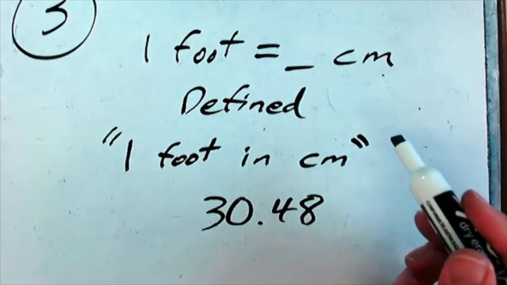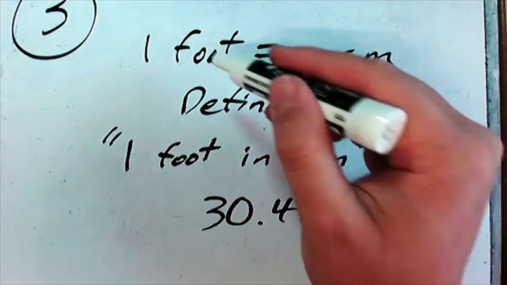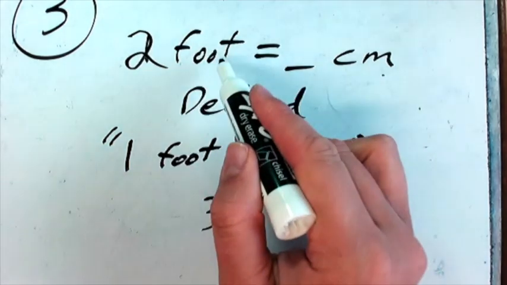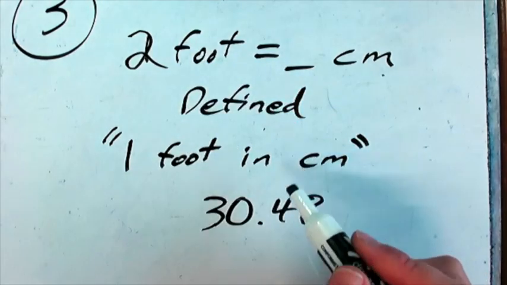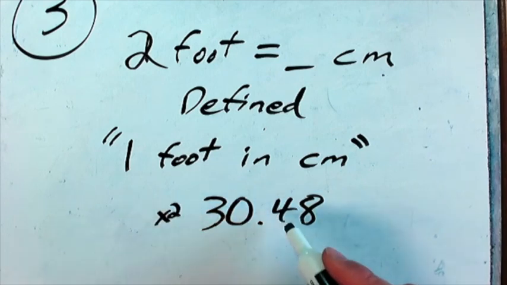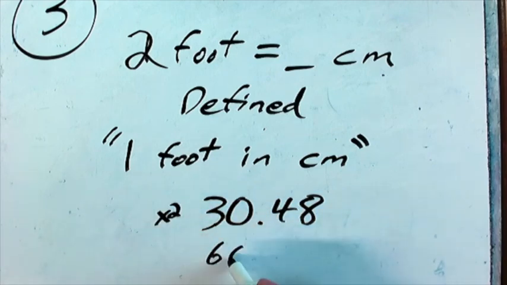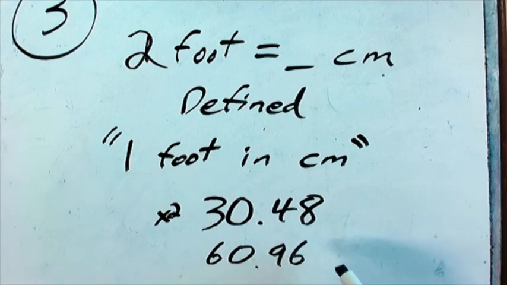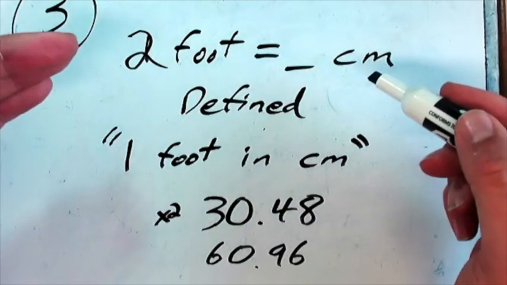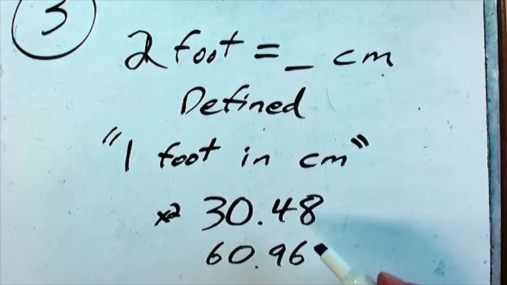Given this, we could do things like, well, what is 2 feet? 2 feet, that's the plural, would be double this, or 2 times this, which would be, again, 60.96. So you can see how you can scale this up, or you could also scale down.